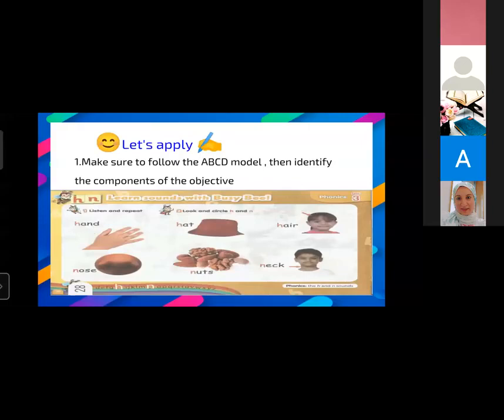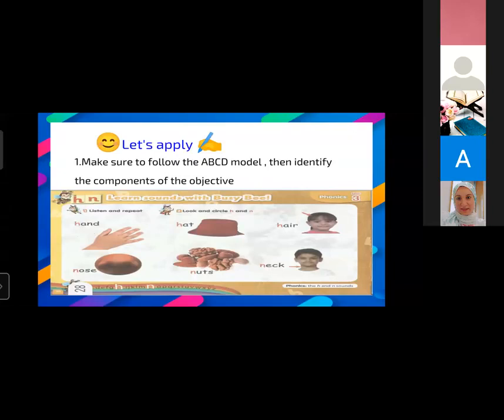Let's apply, my dear friends. Make sure to follow the ABCD model, then identify the components of the objective. So look at this picture. This is from grade 1, Connect. Learn sounds with busy bee. Look at this picture and please take a minute to think of an objective.